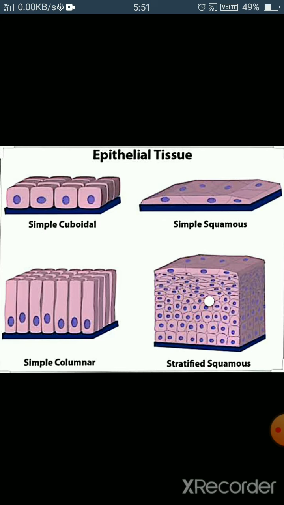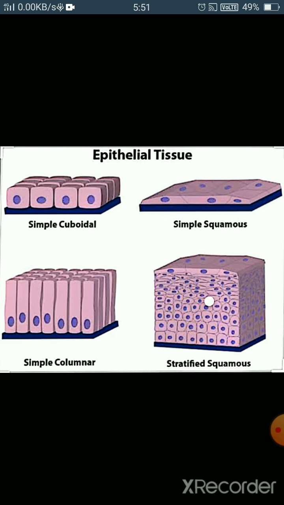Epithelial cells often acquire additional specialization as gland cells, which can secrete substances at the epithelial surface. So cuboidal tissues are found in the lining of the kidney and in salivary glands.